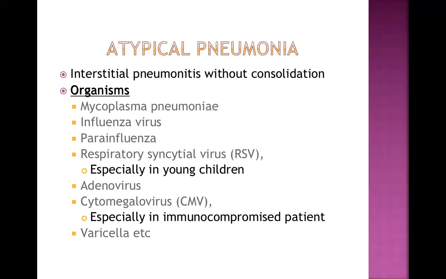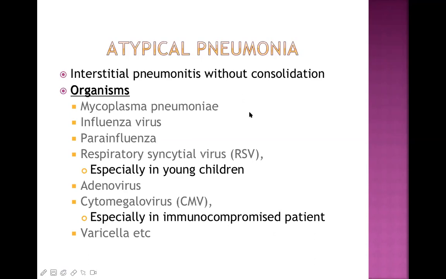Now there is one difference between bacterial pneumonia and viral or atypical pneumonia. Bacterial pneumonia causes infection inside the alveoli or at the end of the terminal bronchiole, whereas these atypical organisms, atypical means these are still bacteria.